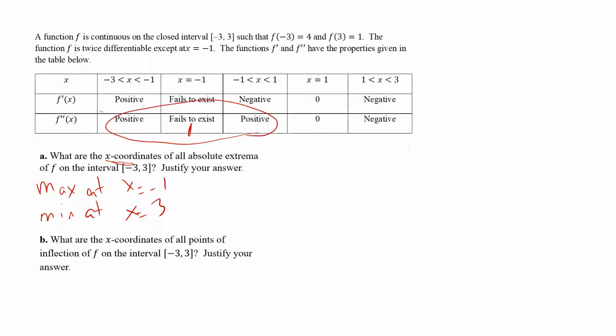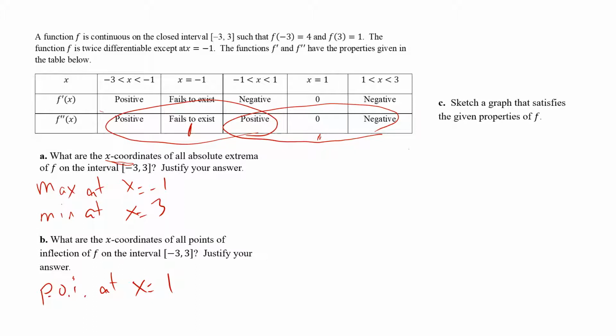It doesn't change signs. On the second one, where it's 0, it's going from positive to negative. So we have a point of inflection at x equals 1. And that's really all that is. Like, it's not going to be an endpoint or anything like that.